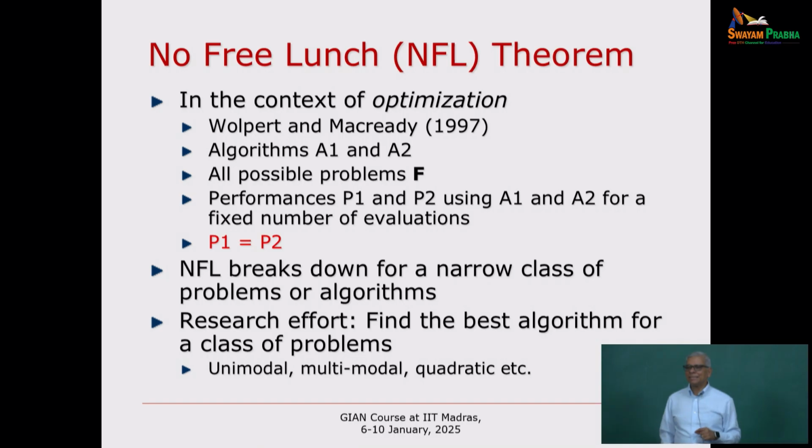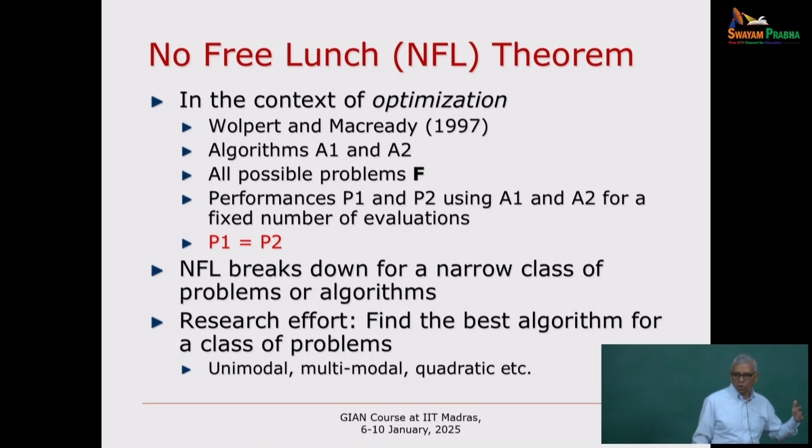Now let's say I decide some performance measure, like how close I come to the optima. For each of these problems, I have some idea where the optimum is, or how much time it takes, or whatever, some performance measure, and I apply A1 to every problem of F, and I get an agglomerated performance measure called P1.